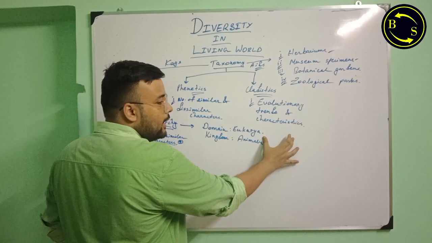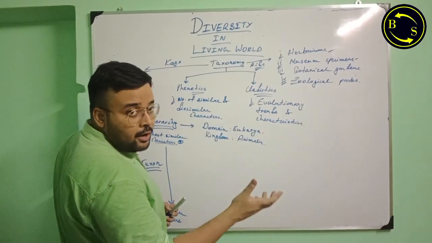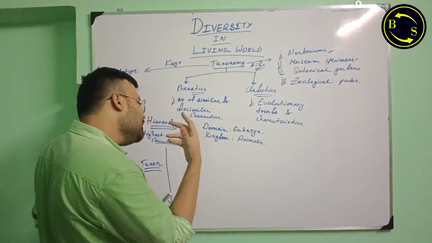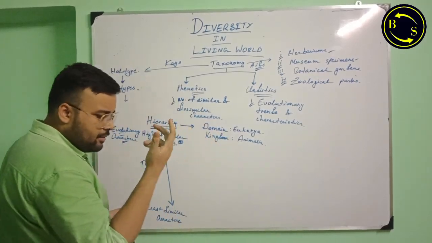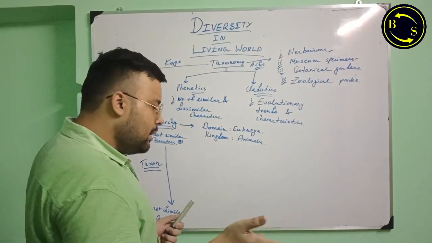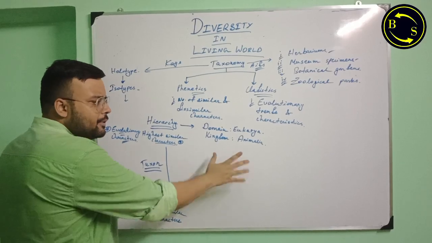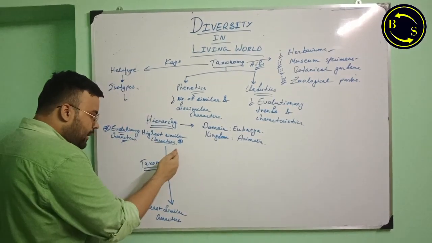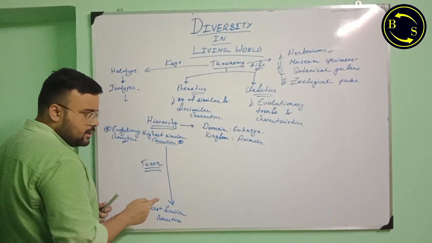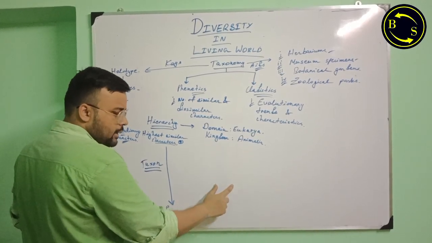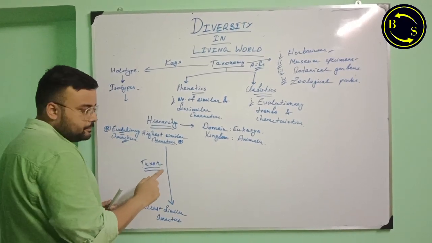We have excluded plants, we have excluded fungi, we have excluded the amoeba and everything. We have just kept the animals. So similarity is decreasing from highest to lowest. It is decreasing as we come down the taxons.